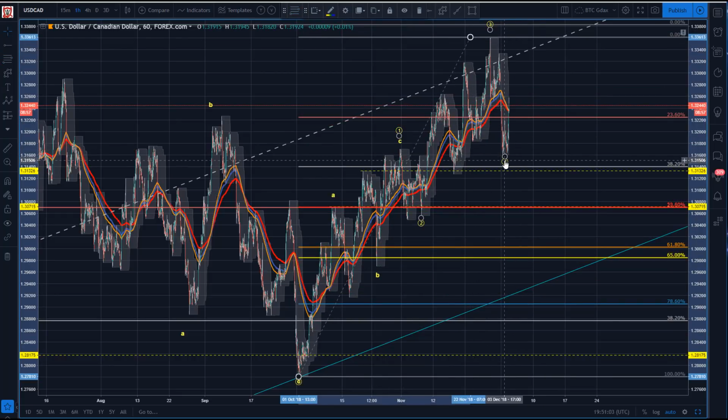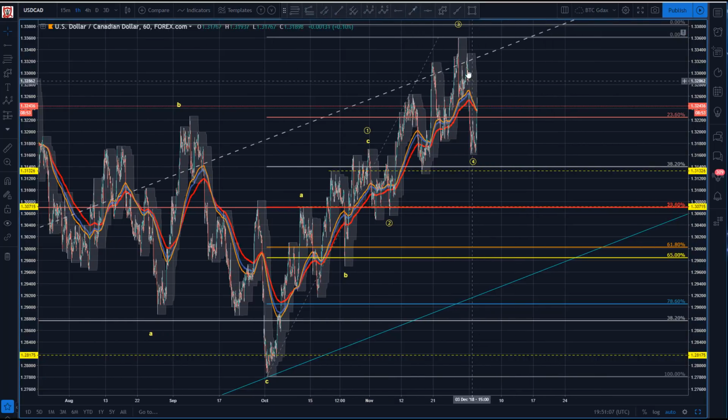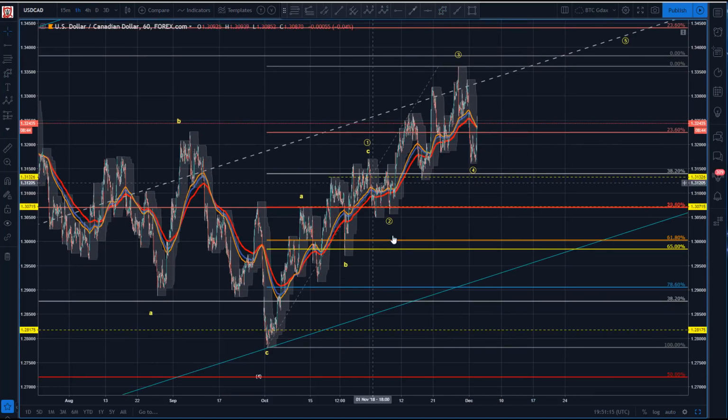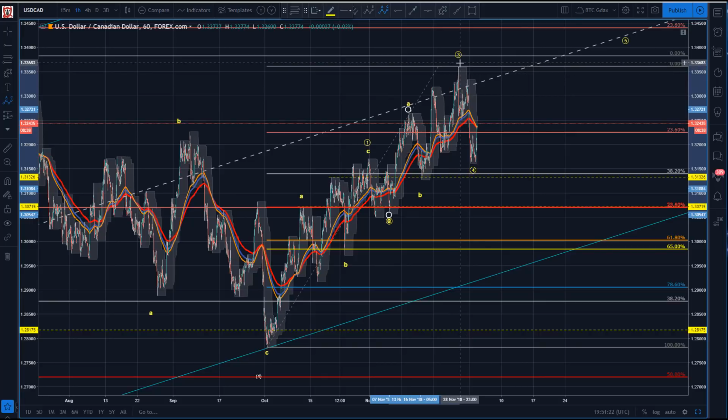There's a chance the 4 is not in because it's more common to find it at the 50. Unless we could just be going A, B, C. Kind of hard to say right now because this is kind of squirrely. So you have to play it this way: A, B as C, on the assumption the 4 is in.